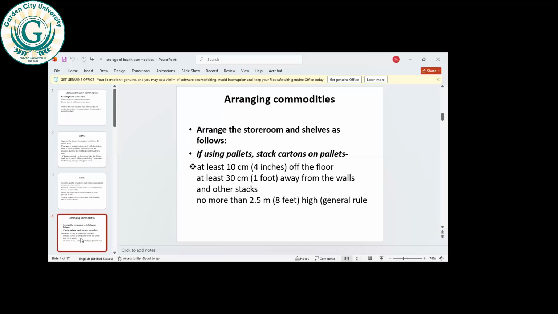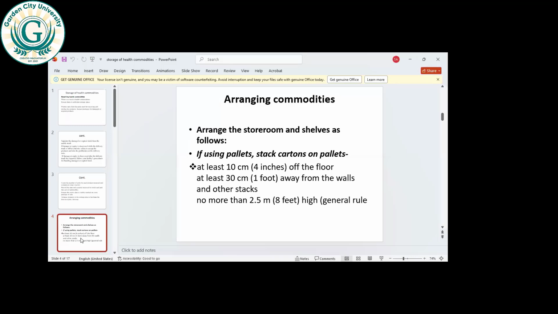This aspect was part of what we did under storage and inventory control. When in the storeroom, arranging commodities, if we are using pallets, stacking cartons on pallets, the item shouldn't touch the floor.